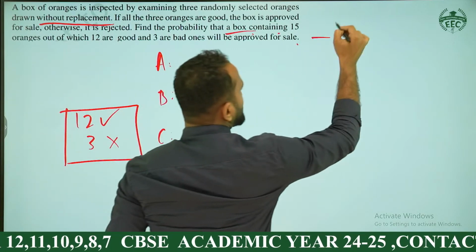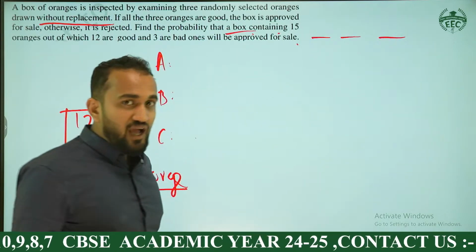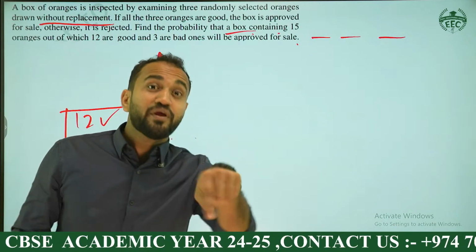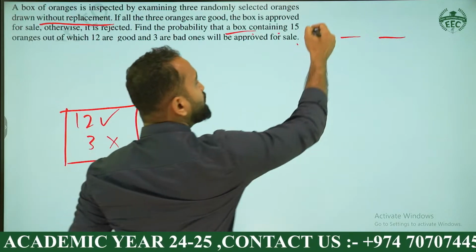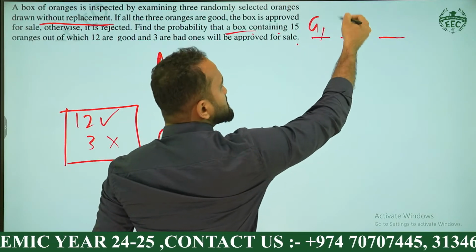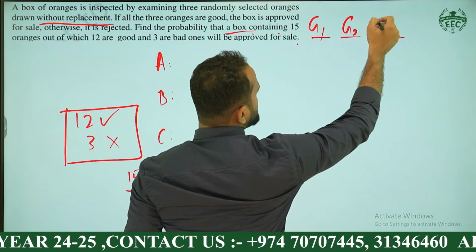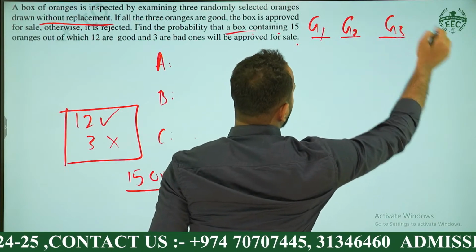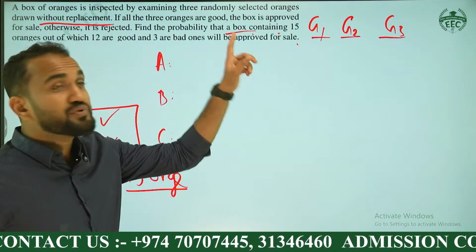Now, what are you selecting? You are selecting 3 oranges, and for approving the sale, all 3 have to be good. So, selection of good orange number 1, selection of second good orange, selection of third good orange should be your 3 events.